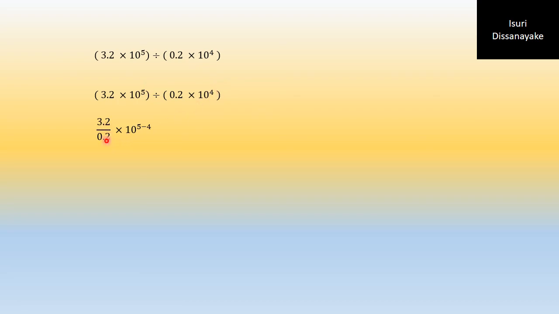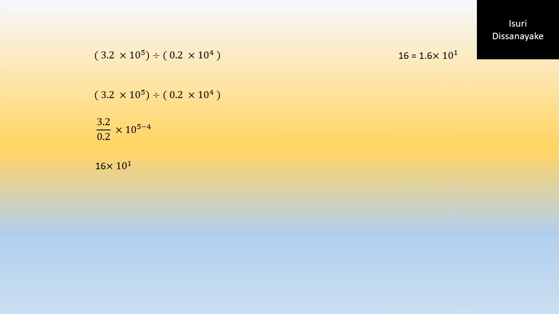3.2 divided by 0.2 into 10 to the power 5 minus 4. So that when you have division, the powers can be subtracted. Answer is 3.2 divided by 0.2, it's 16. 10 to the power 5 minus 4, it is 10. So that 16 into 10. Still we have not written the answer in standard form.